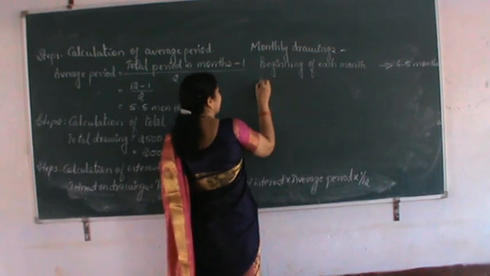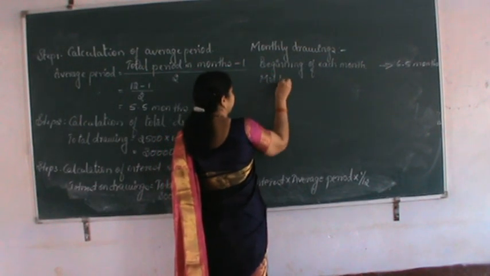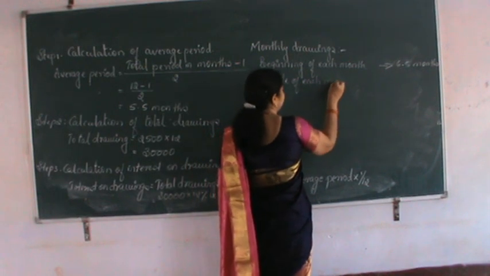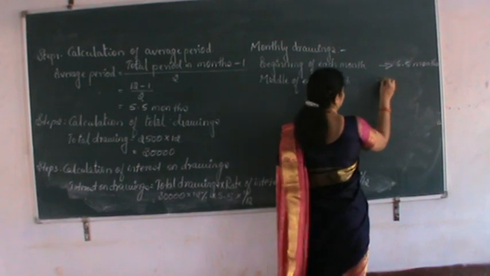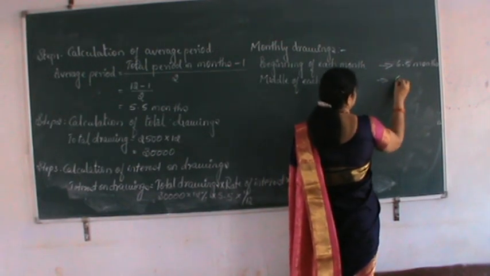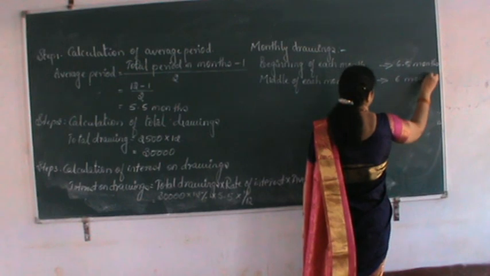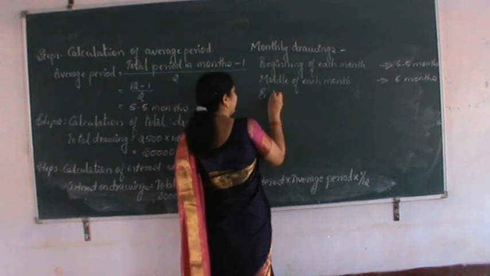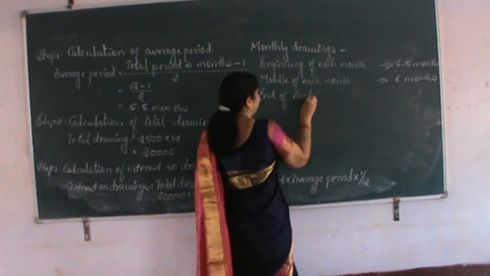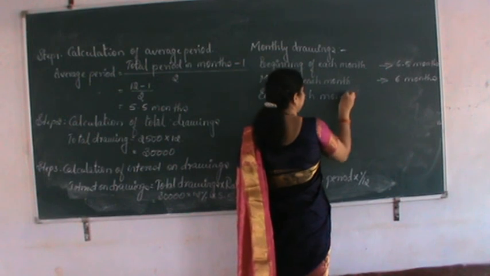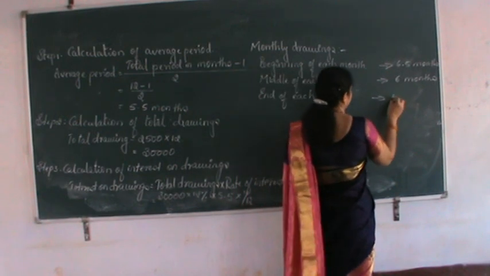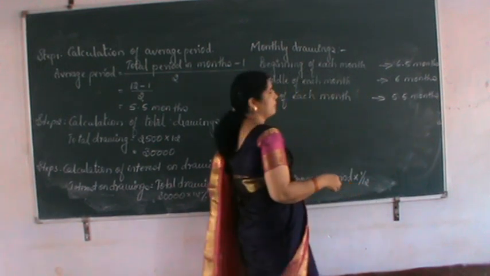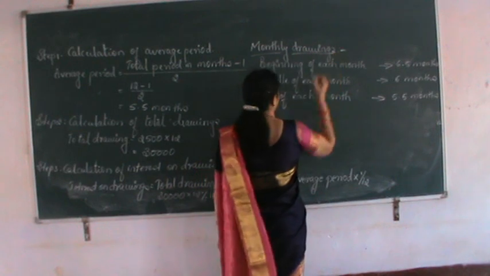If the drawings are taken in the middle of every month, then the average period will be 6 months. And if the drawings are taken at the end of every month, end of each month, the average period will be 5.5 months. Okay, in case of monthly drawings.